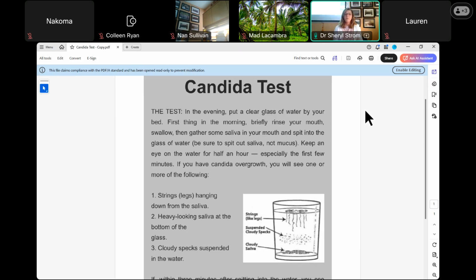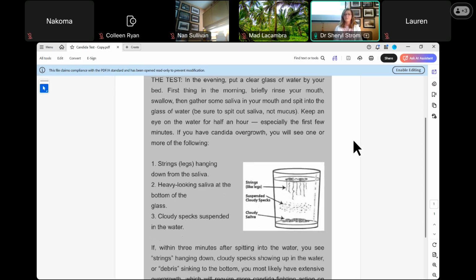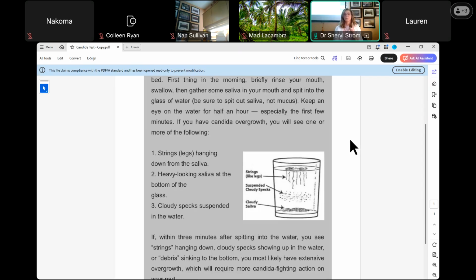Keep an eye on the water for about a half an hour, especially the first few minutes. If you have Candida overgrowth, you will see one or more of the following, and it is super cool. You'll see strings hanging down from the saliva, just like this. You could also see heavy-looking saliva at the bottom of the glass.